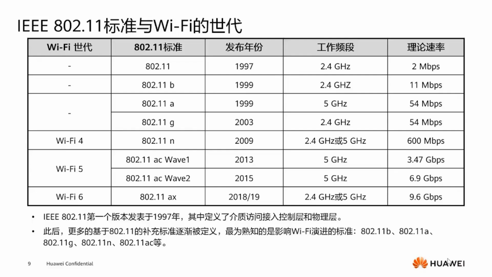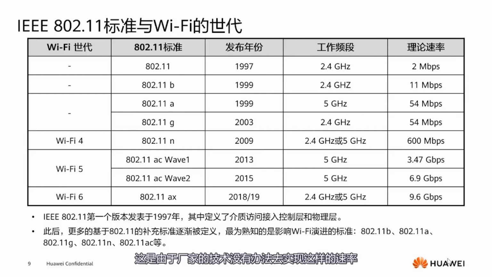Wi-Fi 5 can achieve 3.47 gigabits per second. In 2015, Wave 2 reached 6.9 gigabits per second. Here, please note, it talks about theoretical rates. Theoretical rate can achieve 6.9 gigabits per second, but in reality, about 1 gigabit per second. This is because the technology of the manufacturers cannot achieve such rates, so it never reaches 6.9 gigabits per second.